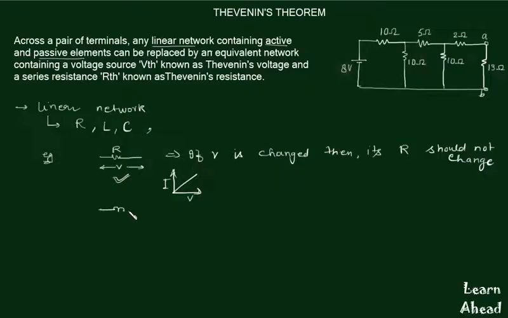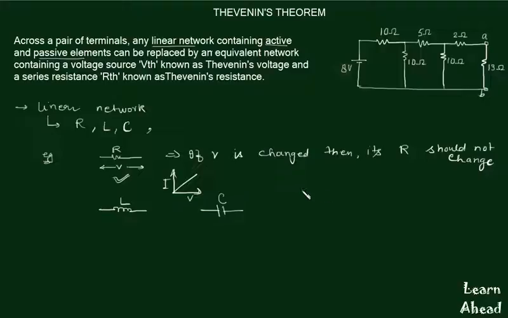Similarly, in case of inductor, if voltage across inductor is changed, its inductance doesn't change. And similarly for a capacitor, if voltage across capacitor is changed, then its capacitance does not change. So RLC are linear elements. So any network which is composed of RLC is a linear network.